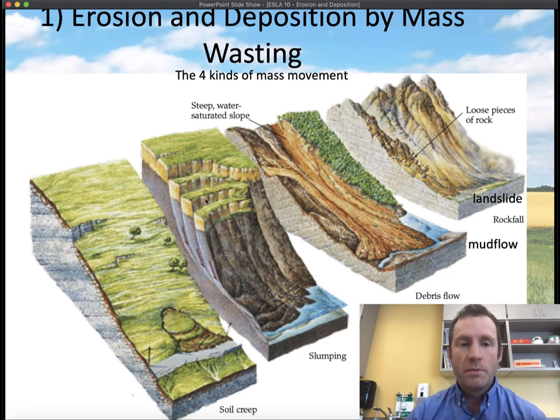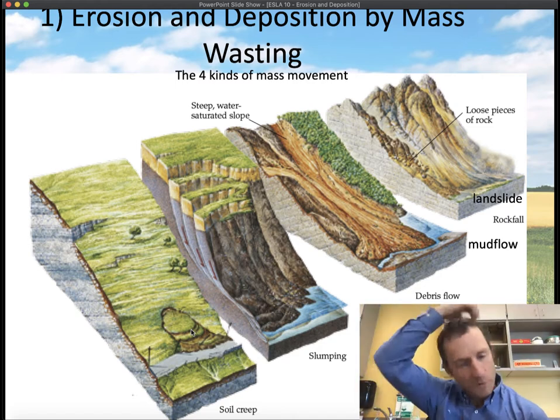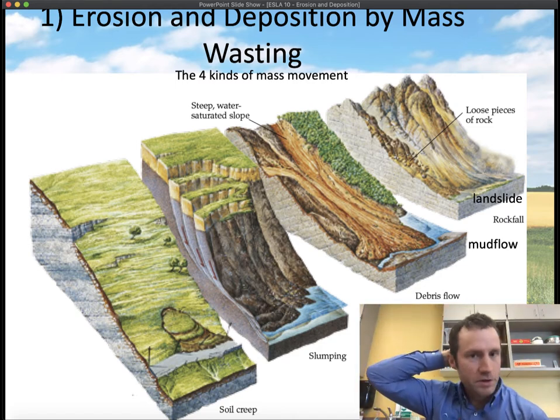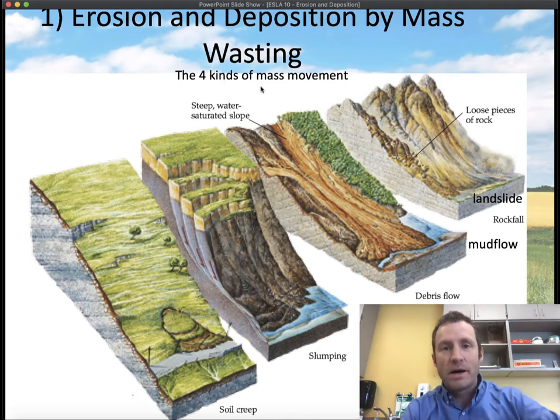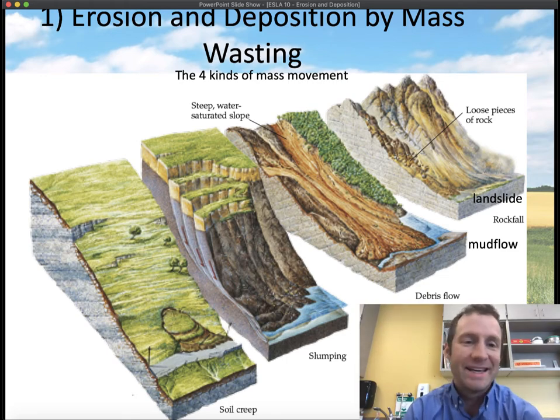But there are also some slow processes of mass wasting: slumping, where a cliff side can start to slump down layer over layer, and soil creep, where soil slowly moves rather than very quickly from its original location. And these are the 4 types of mass wasting that are eroding, taking sediment from one place and depositing it in another.